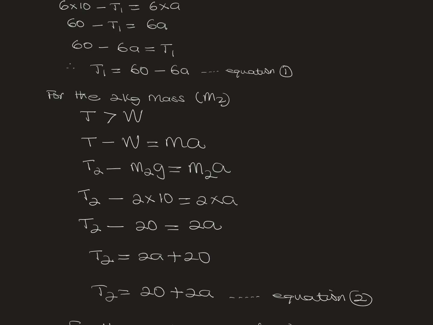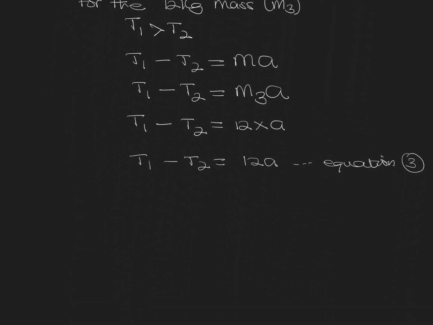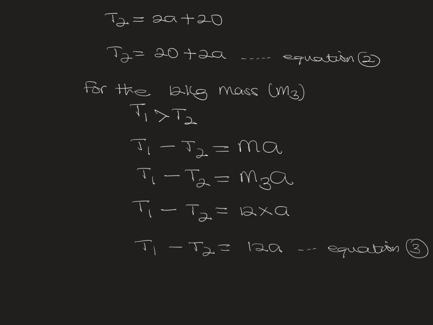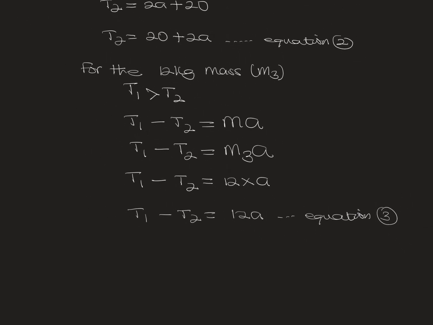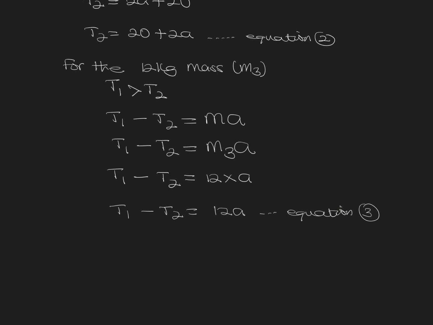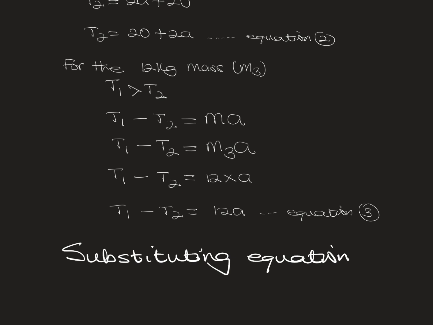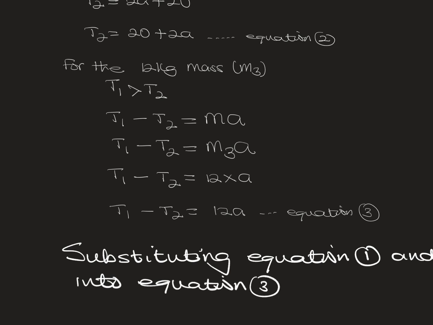So we already know that T1 is equal to 60 minus 6A, and T2 is equal to 20 plus 2A. We can substitute these in equation 3 to be able to find A. All right? So substituting equations 1 and 2 into equation 3.